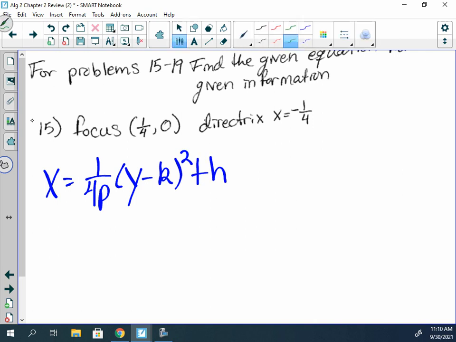Now again, I'm just looking back at the general example, which tells me the focus is h plus p comma k, and the directrix is h minus p equals -1/4. Now I can see from the focus k is 0, yes? What's the value of h?